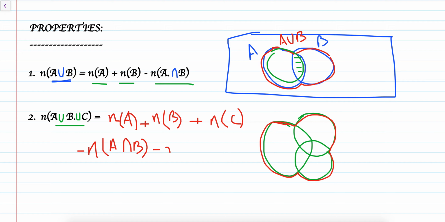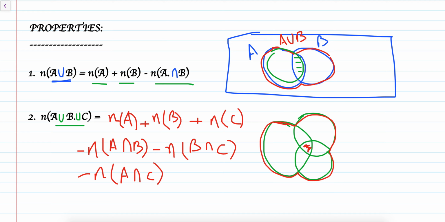So we subtract N of B intersection C, and similarly N of A intersection C. So we have subtracted this region, and this region.